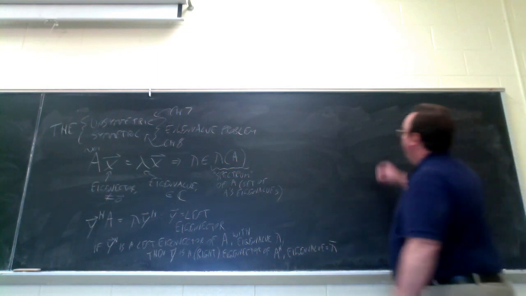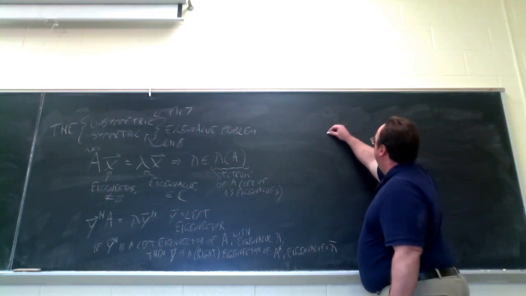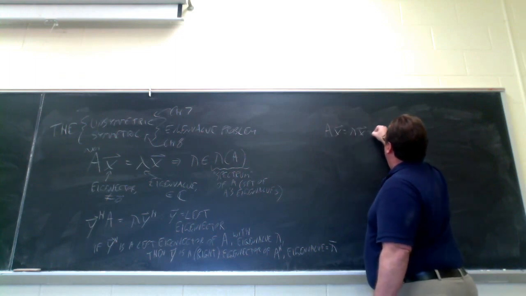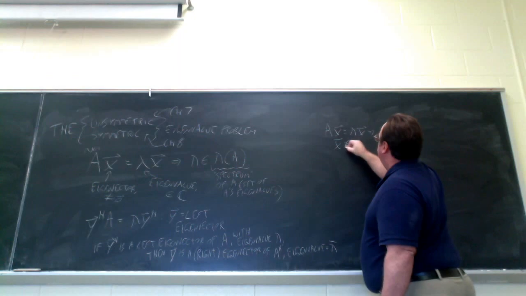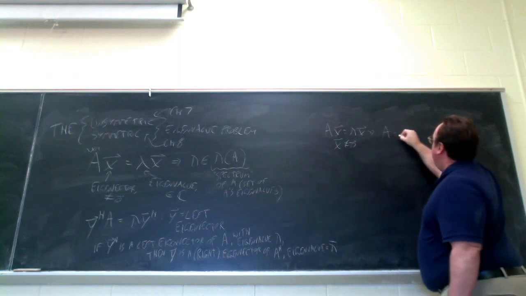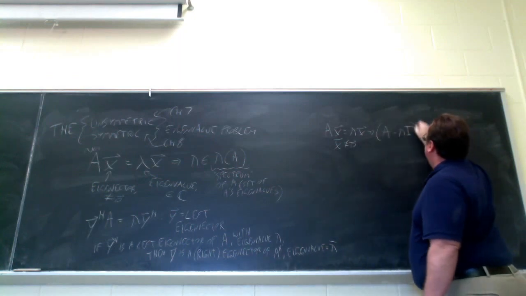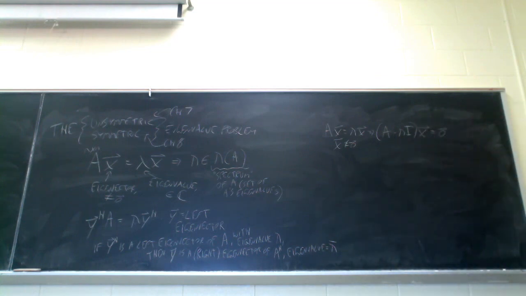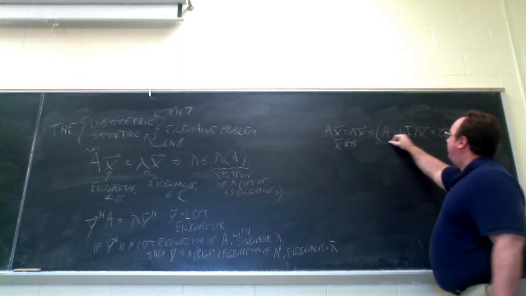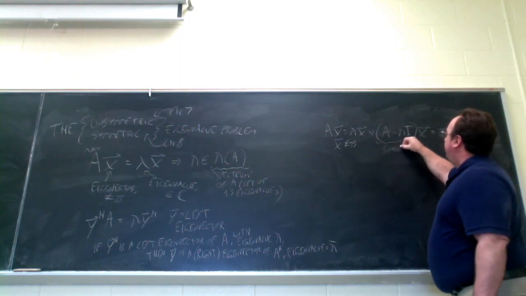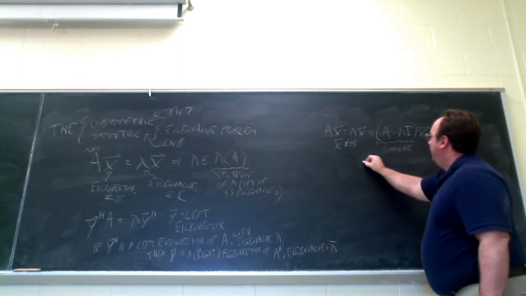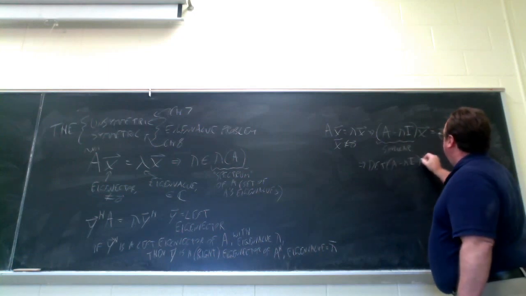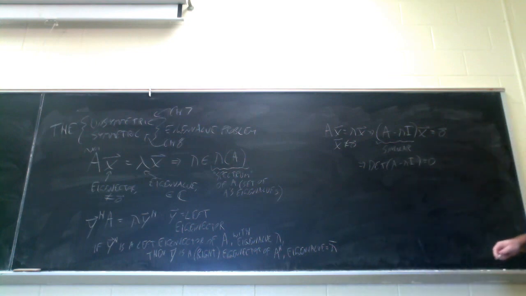Now, what I've also shown you before is if Ax is equal to lambda x, and x, I want to reiterate, is non-zero, therefore A minus lambda identity times x is 0 just by rearranging and factoring. Therefore, this matrix A minus lambda identity is singular. Therefore, its determinant must be 0.